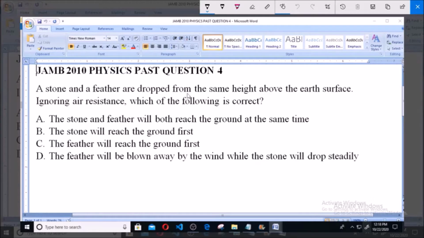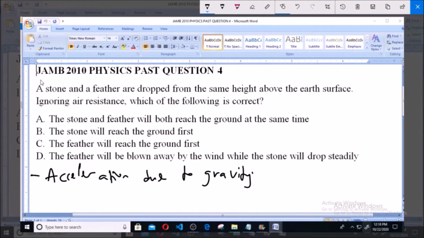Now, there are some things to take note of here. First, you are looking at acceleration due to gravity. So now you have two objects, a stone and a feather. Now another thing to note is that they both have different masses.